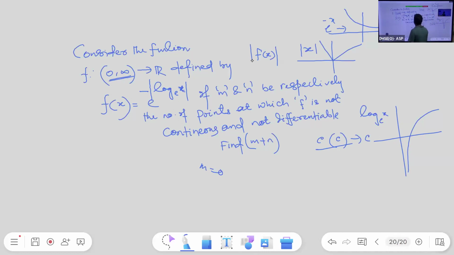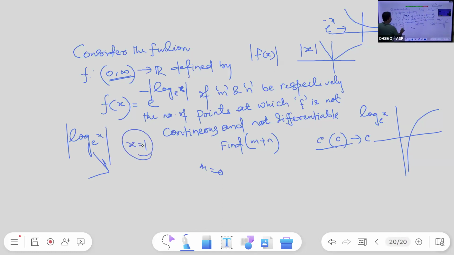To check the differentiability of the function, we have to check the differentiability at x is equal to 1 only, because at x is equal to 1, the function log x to the base e is 0.